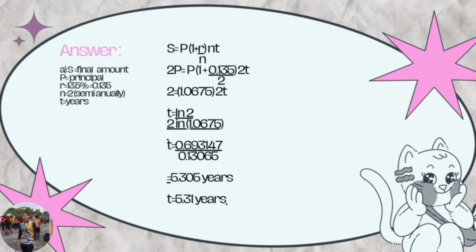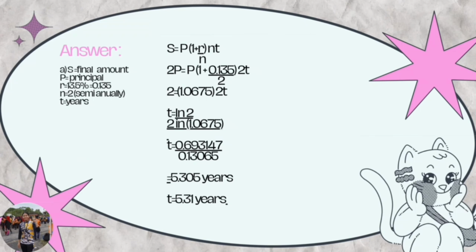T equal in open bracket 2 close bracket divide 2 in open bracket 1.0675 close bracket will be T equals 0.693147 divided with 2.0.065325 and become T equals 0.693147 divided 0.13065 and last become answer 5.305 years.